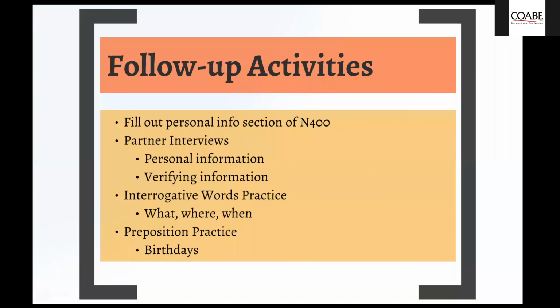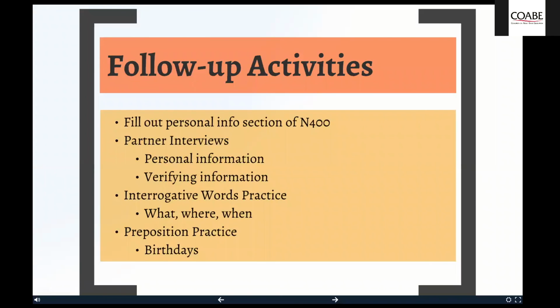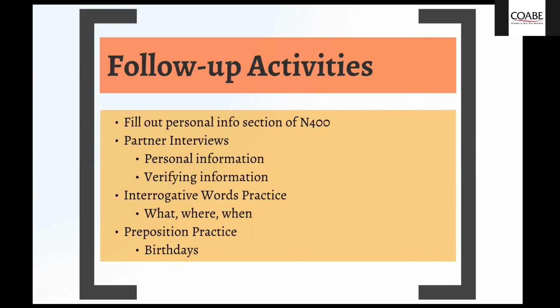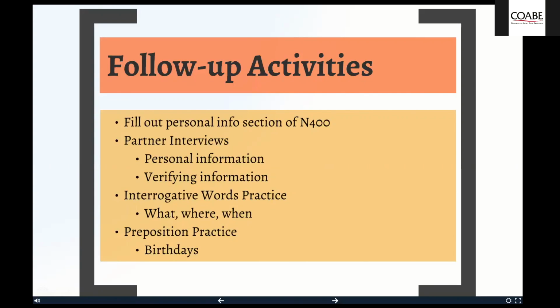So that can be good practice for them as well as some preposition practice, talking more about their birthdays. I was born on this day, in this month, in this year, at this time, if they know what time they were born, to get some more practice with that, which will help with their interview process, as well as when they have to take the writing test.